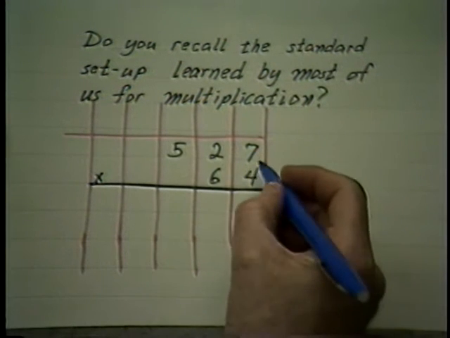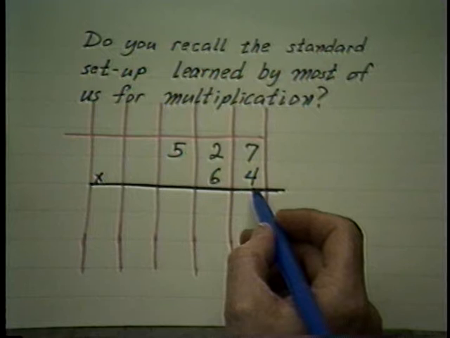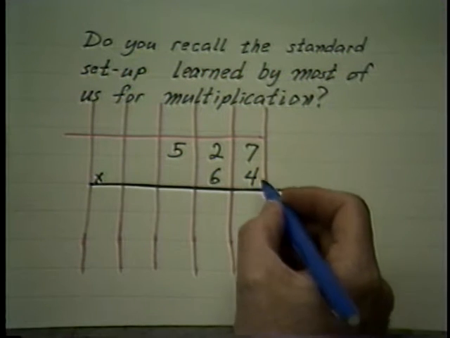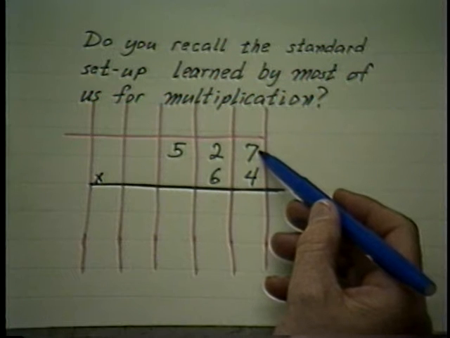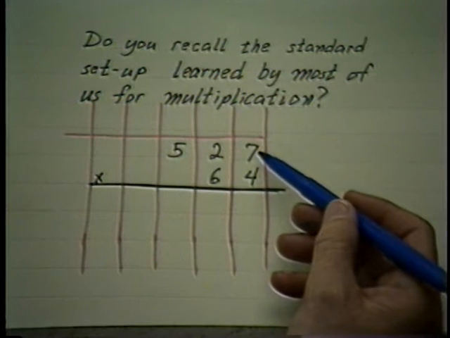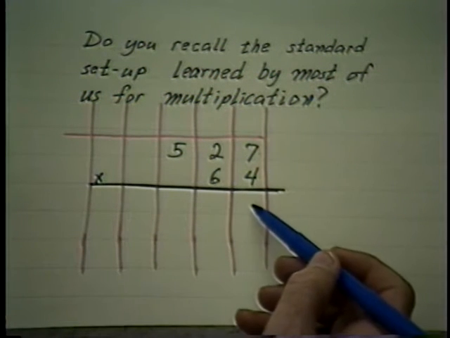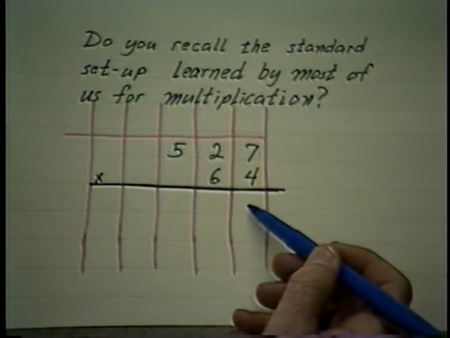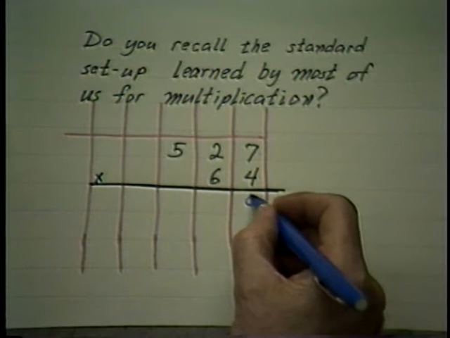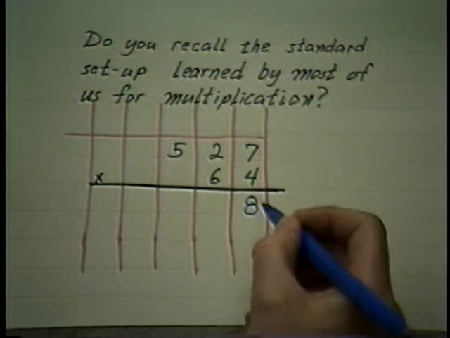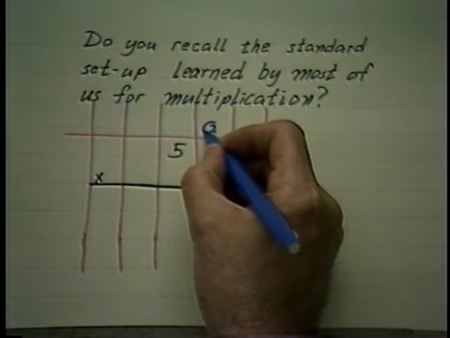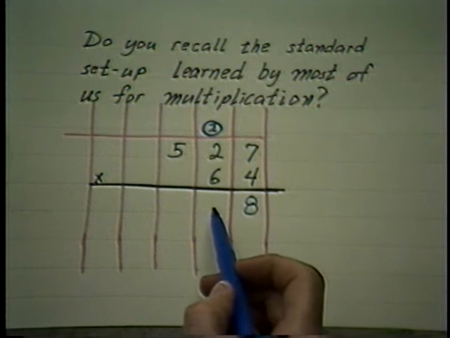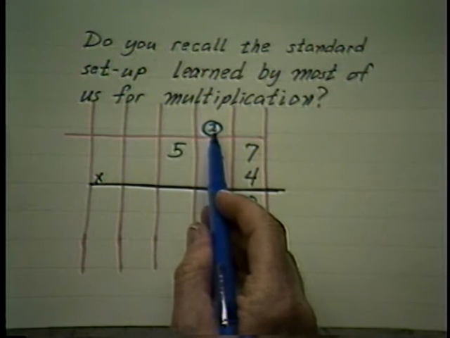Then we started with the ones digit of our bottom factor, 4, and we thought 4 times 7 from memory is 28. We could have written 28 here, 28. But traditionally we write the units digit here, 8, and 20 goes above the next column as an addition carry.